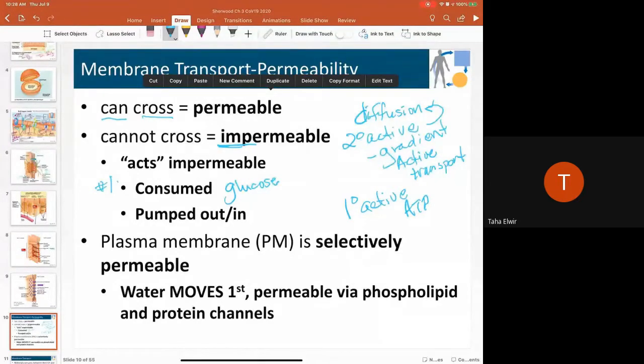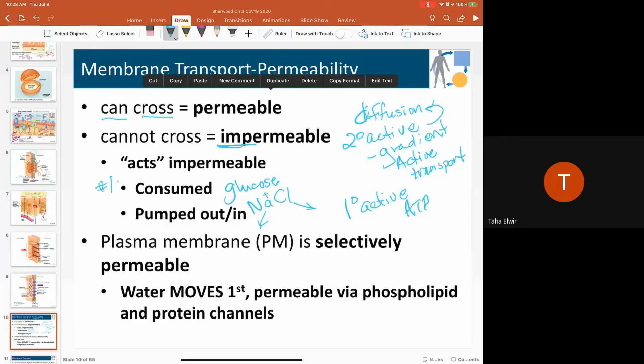We know that glucose goes into red blood cells. But if we put red blood cells into a glucose concentration that's equal to the solute concentration of the red blood cell, nothing happens.